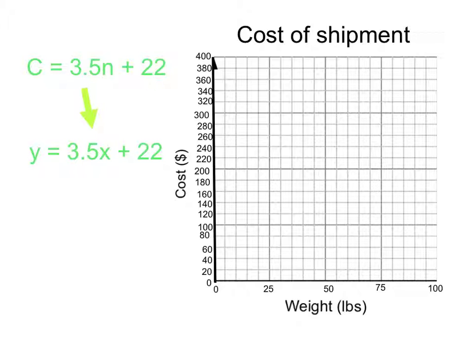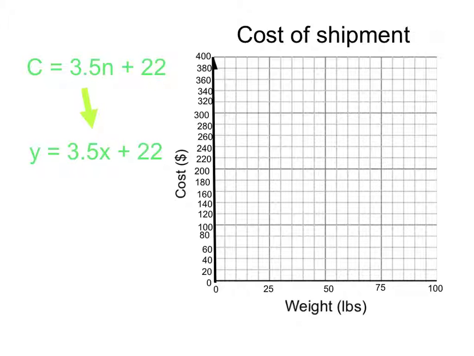Okay, we've got our equation. Now we have to graph it. First, we have to set up our graph. Since you can't have negative costs, we will only focus on the first quadrant. We'll set up our weight as 0, 25, 50, 75, and 100, since we're asked to graph up to 100 pounds. And then our cost will be up to 400, going up in intervals of 20.